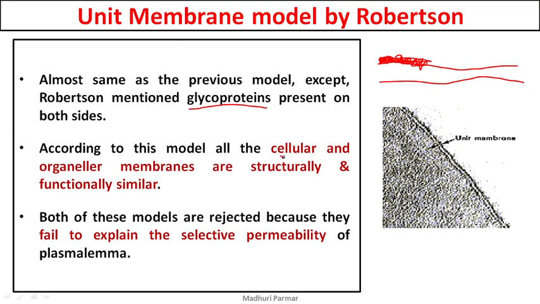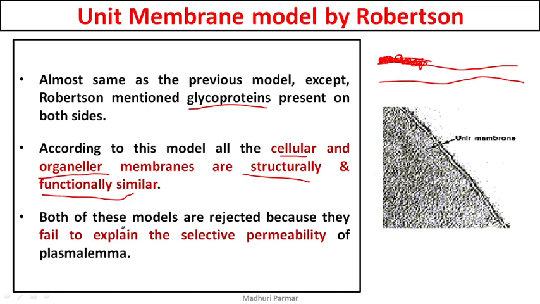He said the cellular and organellar membranes, meaning the membranes of the organelles, are structurally and functionally similar. Structurally also and functionally also, the membranes of the cell and its organelles are the same. However, it is not always true.